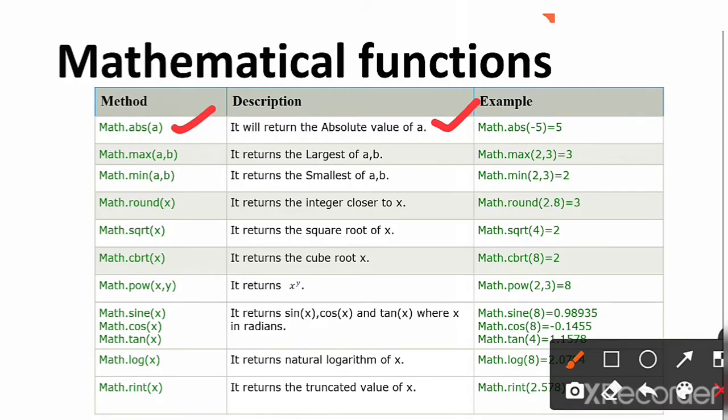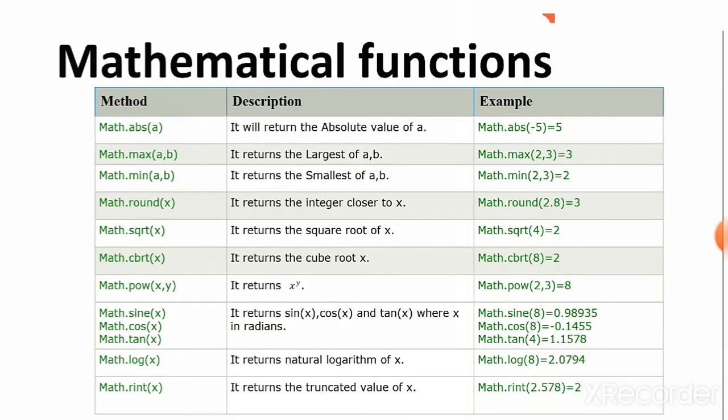In Java, to specify that this function is available in math, we first write the name of the class followed by the dot operator and then the function name. So you have to follow the syntax rule while calling a function that belongs to a particular class in Java.